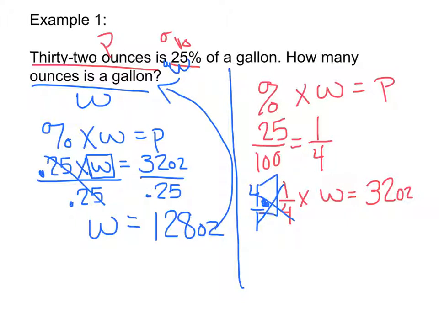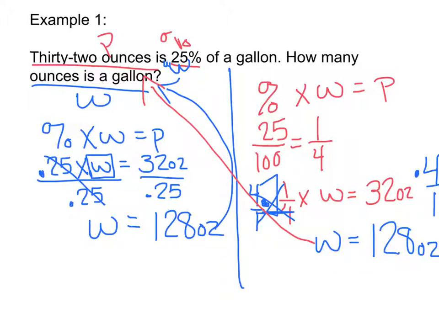This all becomes a big 1, and I'm left with W. Now, since I multiplied by 4/1 over here, I have to do it on the other side of the equal sign to the 32. So basically, all I'm doing is taking 32 times 4/1. Now, 32 times 4 ends up being 128 ounces, which again tells you that 128 ounces is the same amount as 1 gallon.